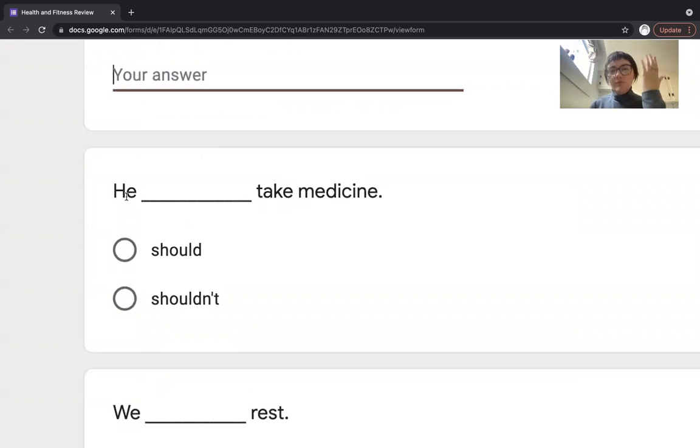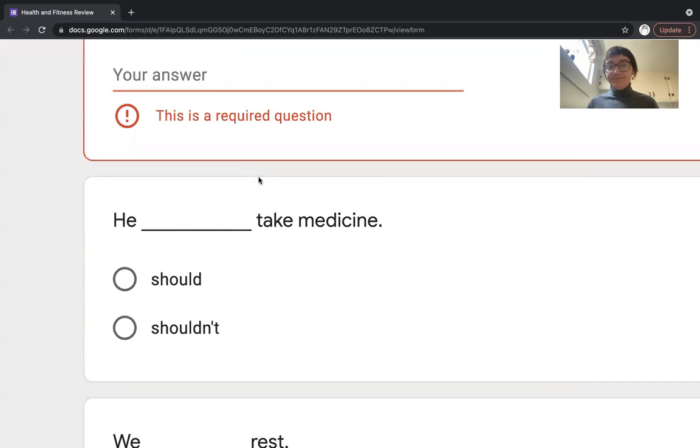So remember how we talked about the words should and shouldn't. Should means essentially do. You do this, right? You take medicine. But we use should in English as polite advice. It's a modal verb. So the verb in the sentence is take.